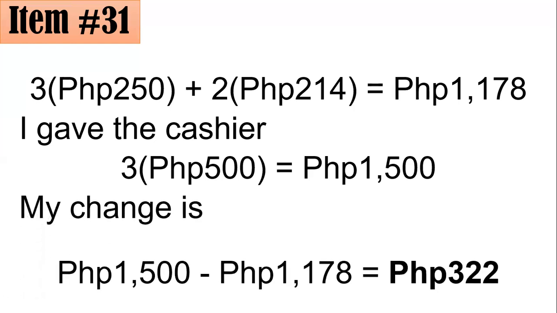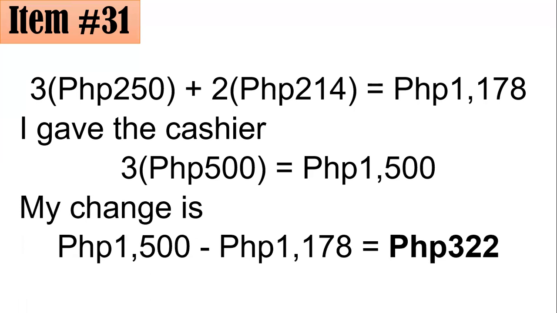And therefore, your change should be 1,500 pesos minus 1,178 pesos, and that gives you 322 pesos. Indeed, the correct answer here is letter D. So, good job po. Okay. So, sa lahat ng nag-comment ng D, galing, tama po.